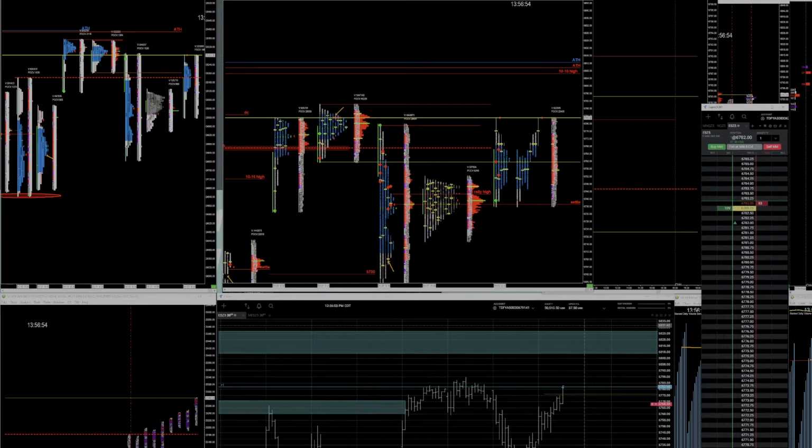We are right at that level. Let's see if it works. Those are the things that I am monitoring on the upper side.